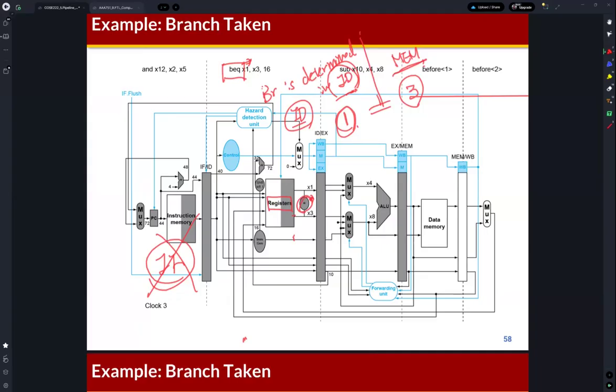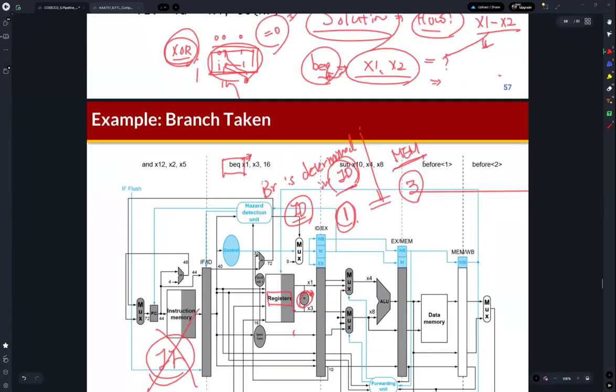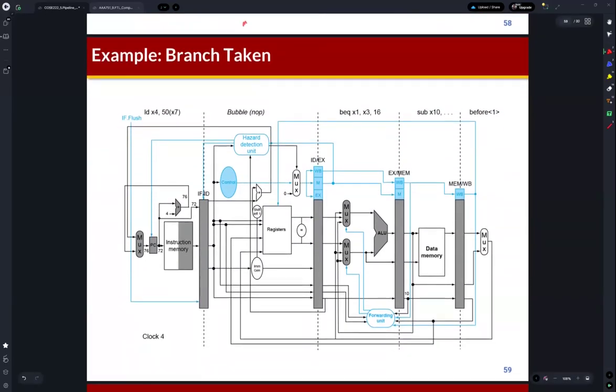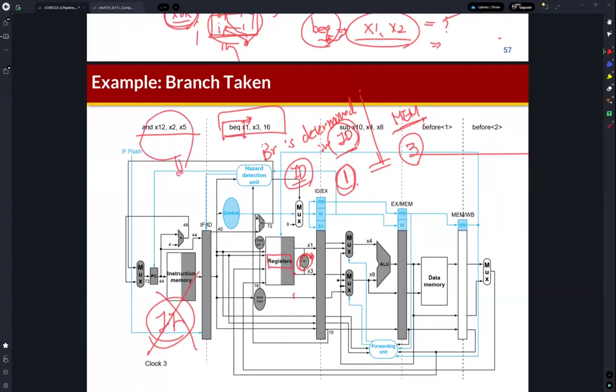So in this example the branch is here and the next instruction is here. If the branch is taken, then only this instruction will be cancelled, right?